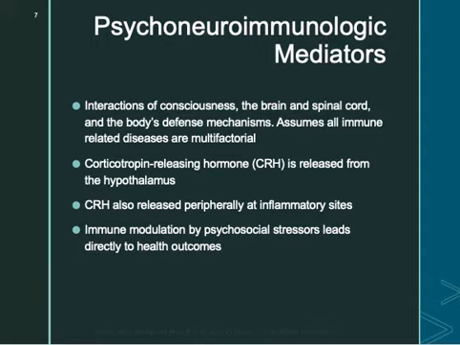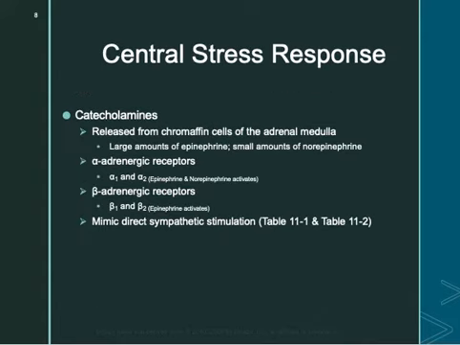And then when you have an increase of cortisol levels, that has a whole slew of reactions as well, which we'll talk about in a minute. But corticotropin releasing hormone has a central effect and a peripheral effect, which I'll talk about too. Immune modulation by stressors can lead directly to poor health outcomes essentially in patients.